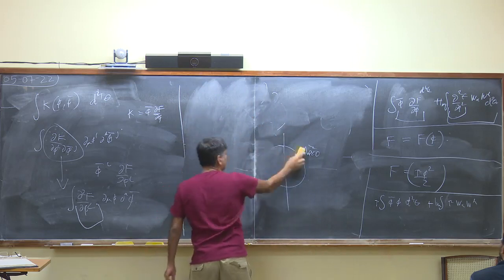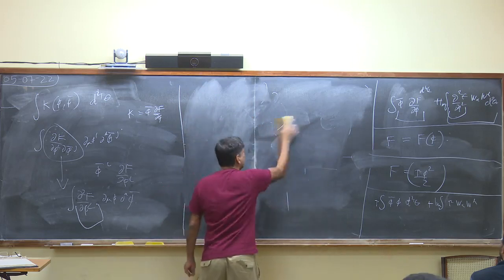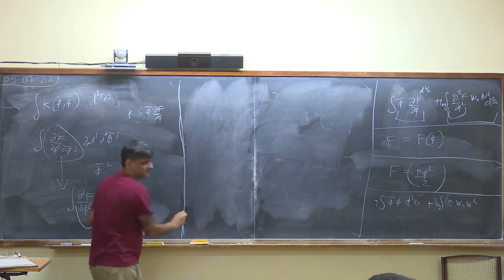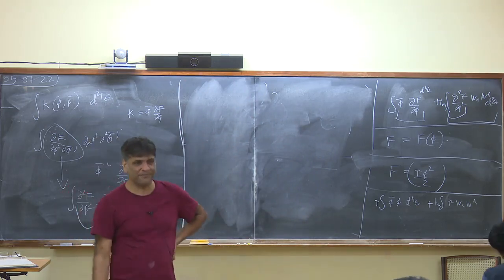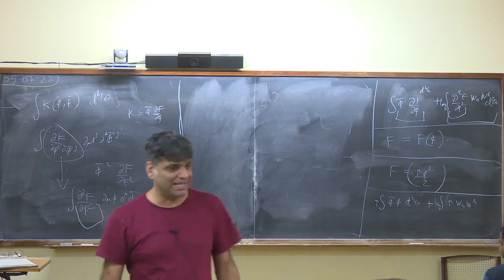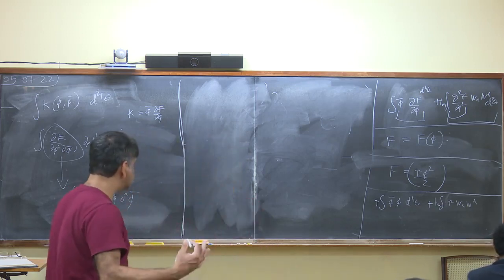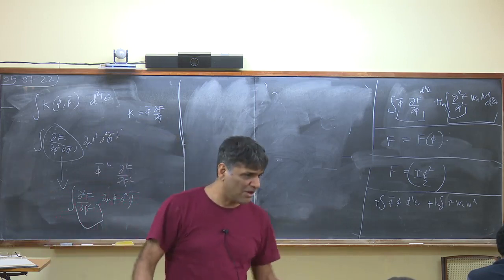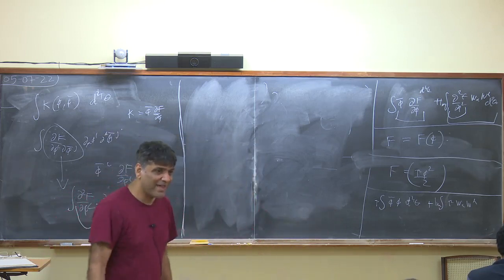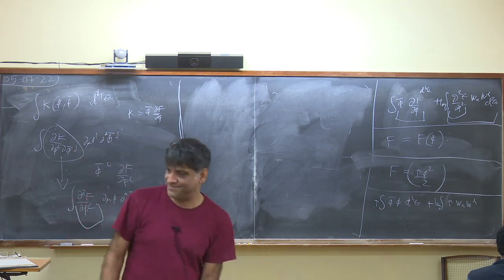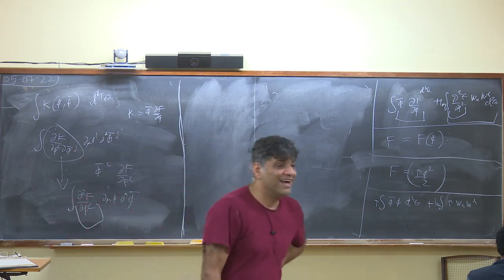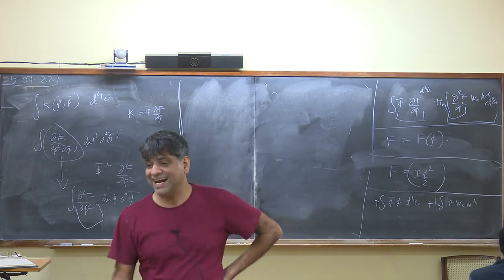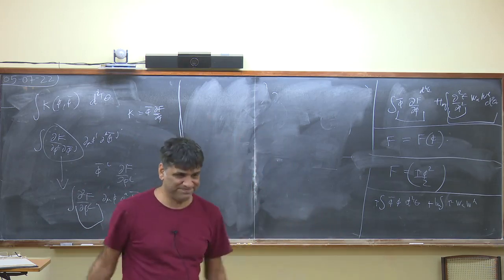Now, for the first time, we're going to get semi-classical. We're going to ask, suppose we're at very large values of u, but not infinity. What can we say then about this function f?